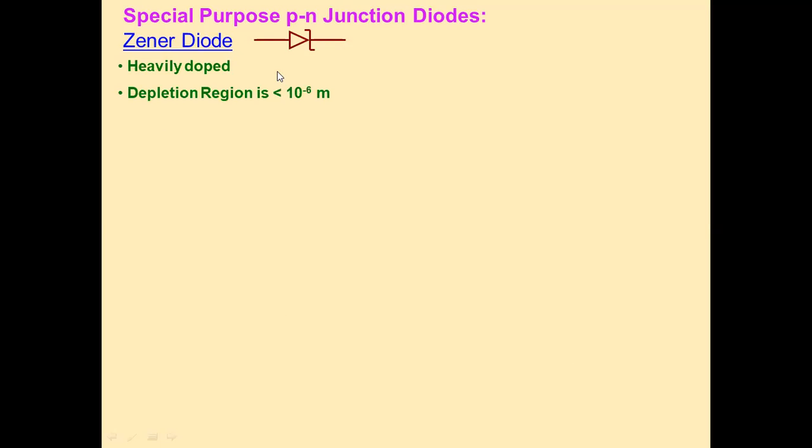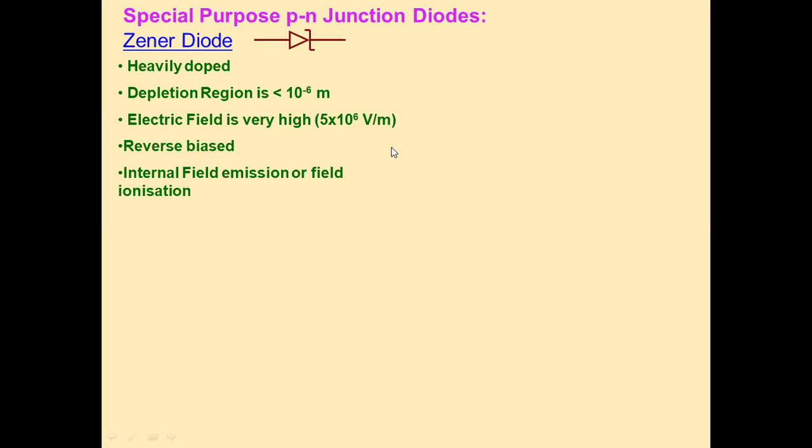This is the symbol of Zener diode. The depletion region is less than 10 raised to minus 6 meter in the Zener diode. The electric field is very high, 5 into 10 raised to power 6 volt per meter.